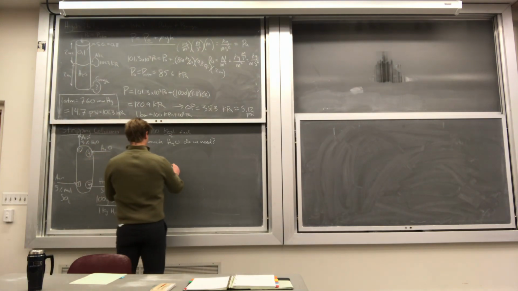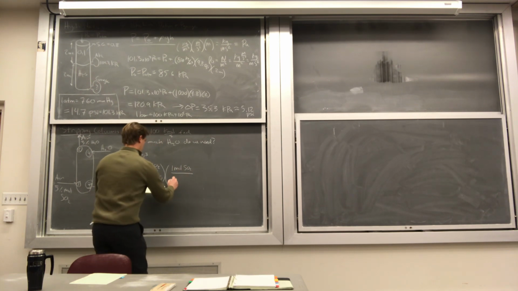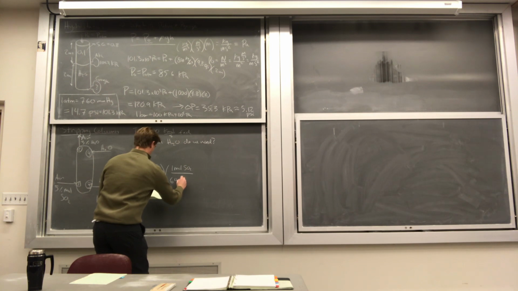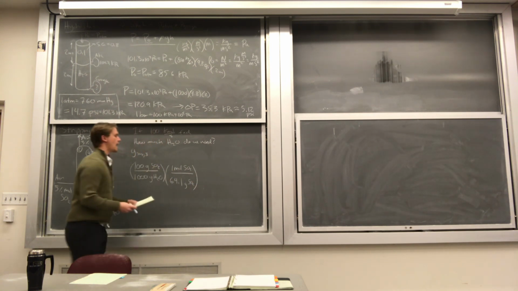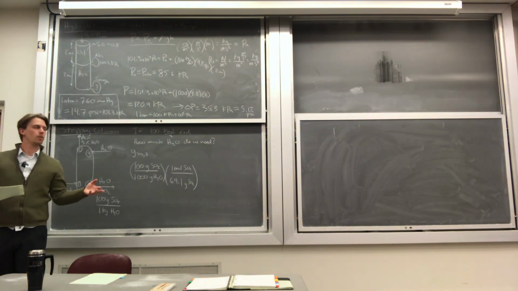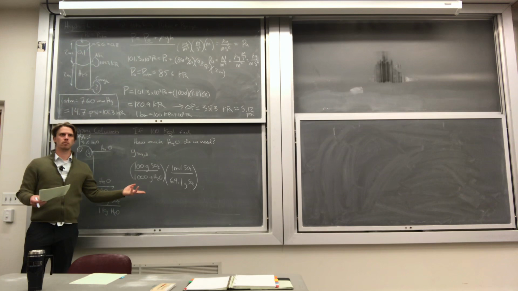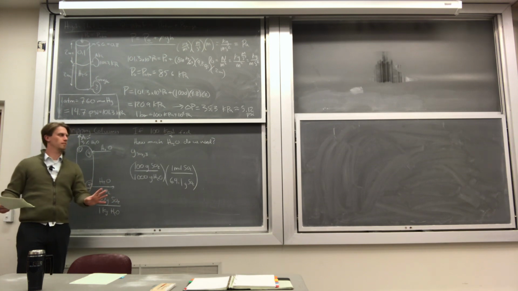So for every 1 mole of sulfur dioxide, it is 64.1 grams. And again, if you have a unit conversion like this, I will give you the necessary conversion. But I trust that your chemistry teachers effectively taught you how to calculate molecular weights. Right?